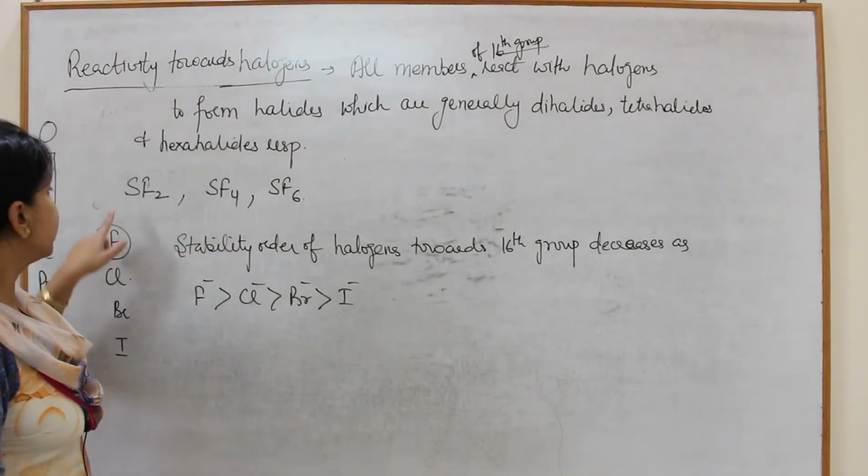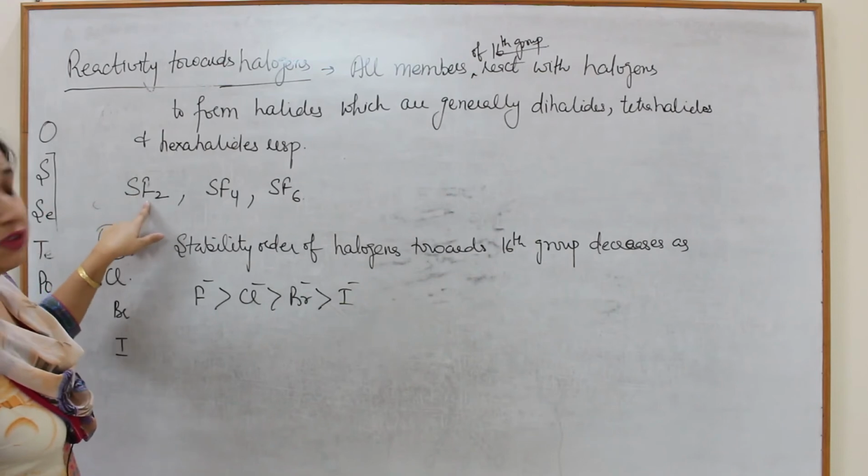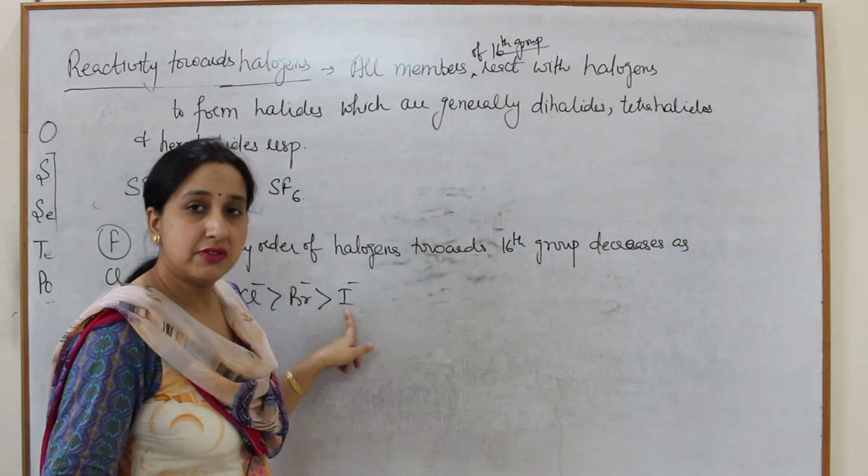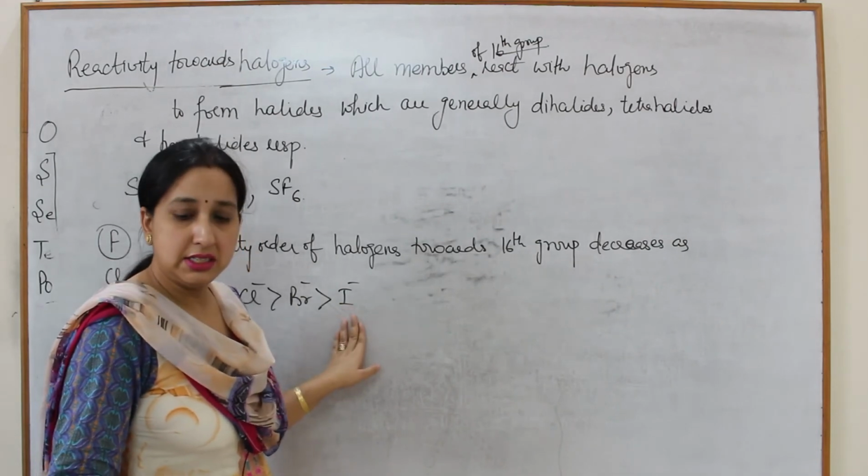So we can say dihalide of sulfur with fluorine will be most stable and dihalide of sulfur with iodine will be least stable.